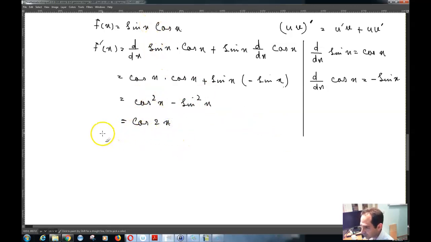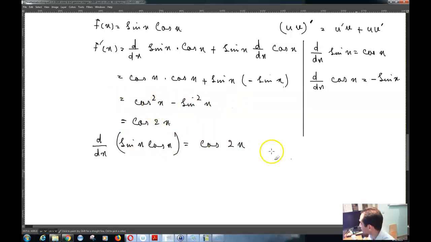So that means that d by dx of sine x cos x is equal to cos 2x. Or you can write it as cos squared x minus sine squared x. That's basically the same thing.